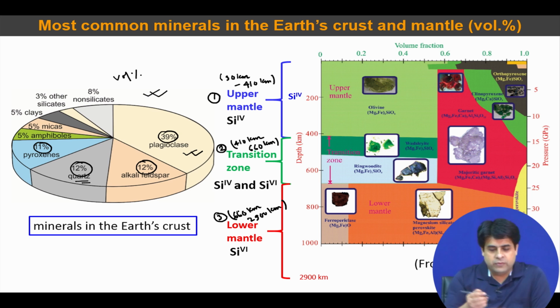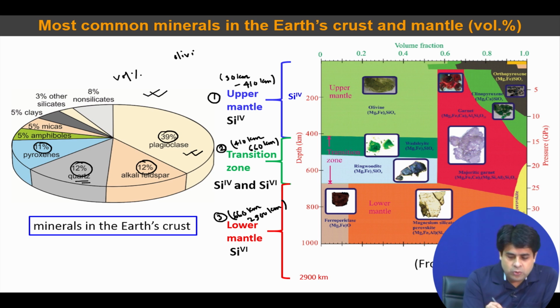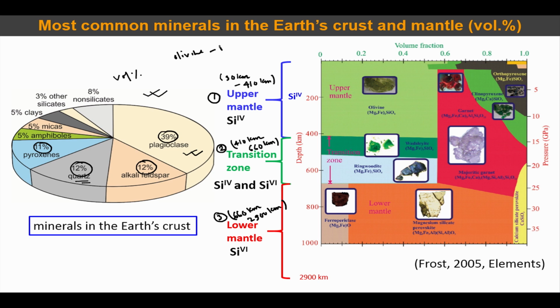For example, olivine, whose formula is (Mg,Fe)2SiO4. This is a mafic mineral.